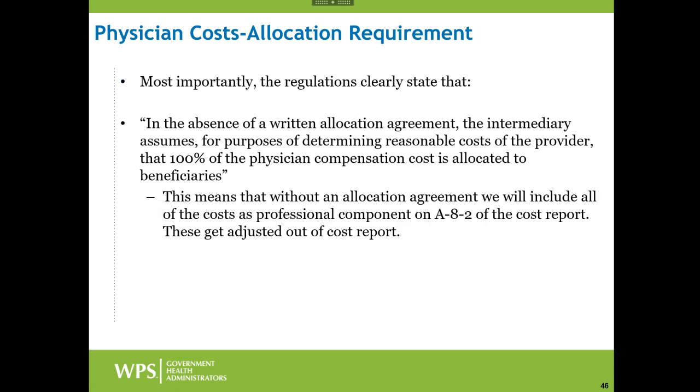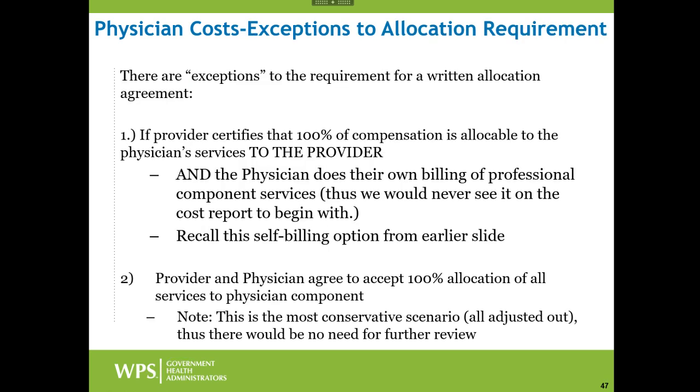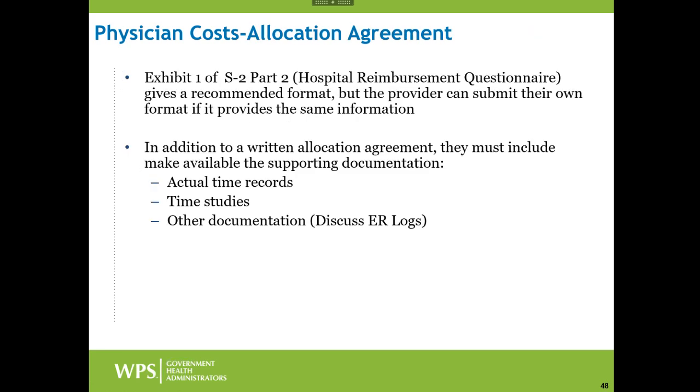And we just talked about the 100% allocation to the professional component if there is no allocation agreement. So that would be 100% disallowed at that point. We talked about those exceptions. Now the allocation agreement itself.